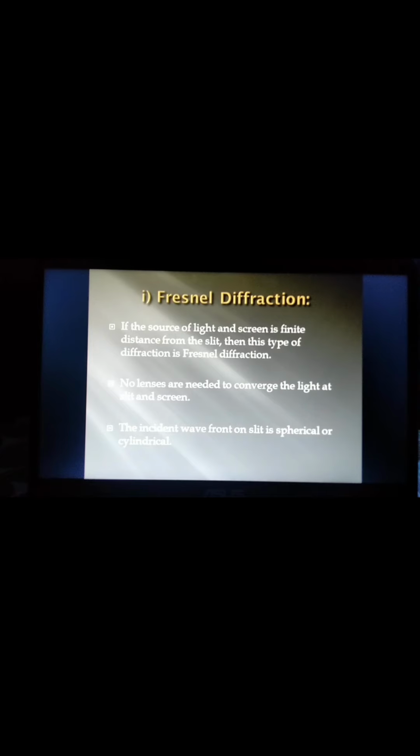Here no lenses are required to converge the light. Why so? Because whenever they are at a finite distance, light can be easily captured, so no lens is used. At the third point, the incident wavefront on the slit is spherical or cylindrical. There is no plane wavefront, because from the source light is spreading out. So whenever we are capturing the light without using any lens, we are actually holding the spherical or cylindrical wavefront, not the plane wavefront.